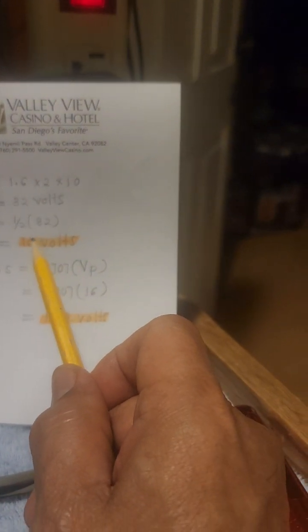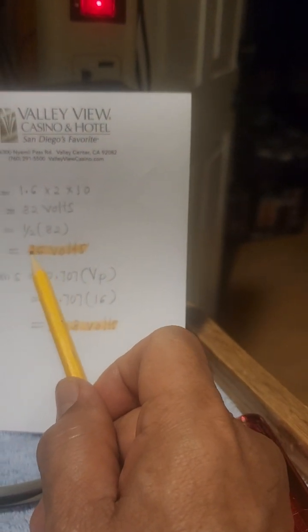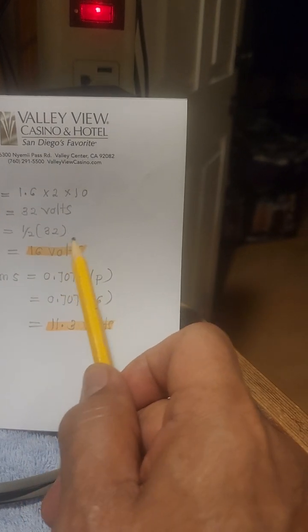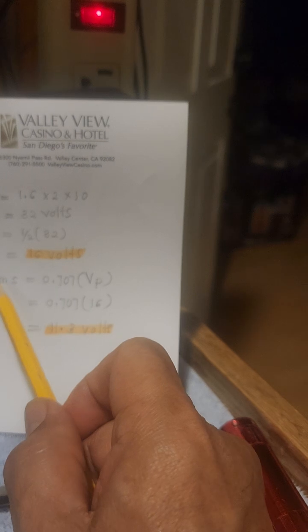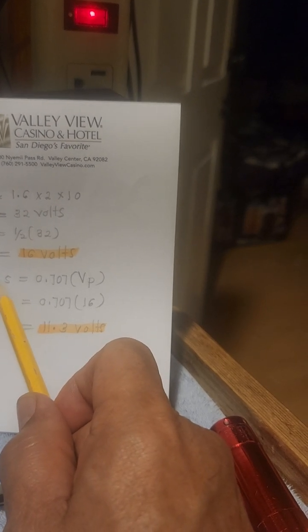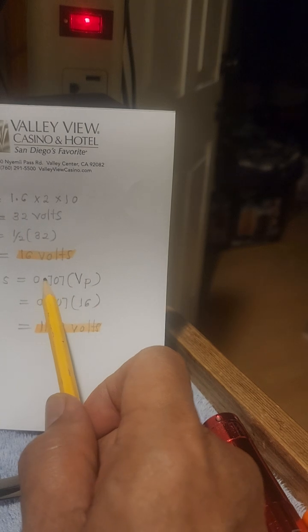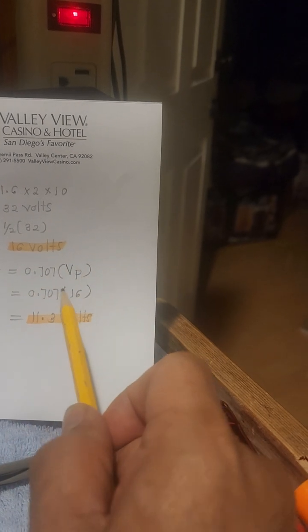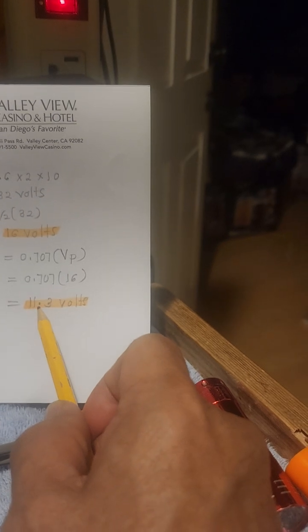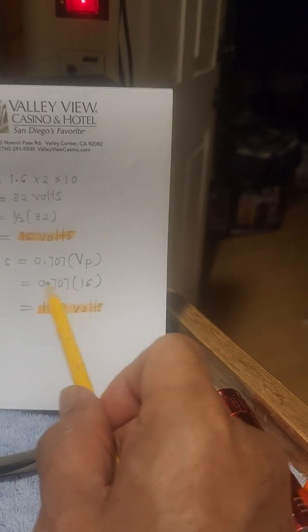We could not get the actual decimal value, so we will approximate it to be 16 volts. So 0.707 times 16, and what comes out is 11.3 volts.